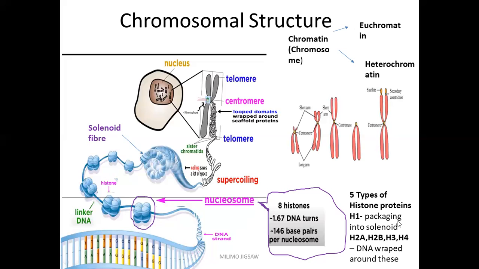DNA is going to wrap around it, making what is known as the 11 nm fiber. And the H1 is, like I mentioned, for packaging into the solenoid. It acts as a spacer.